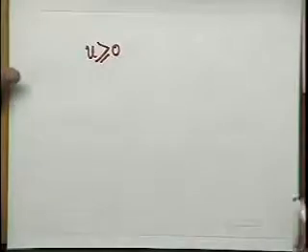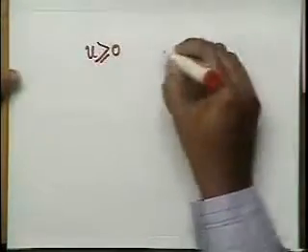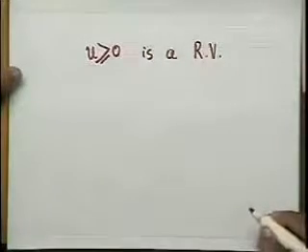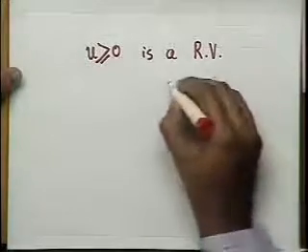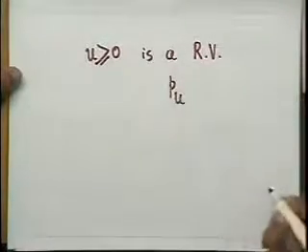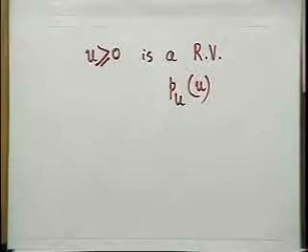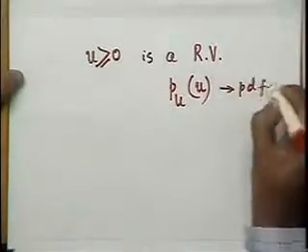Consider that this pixel value u is a random variable, RV in short form, having a continuous probability density function P of u. So this is the probability density function of u.